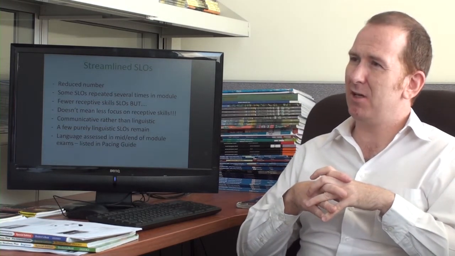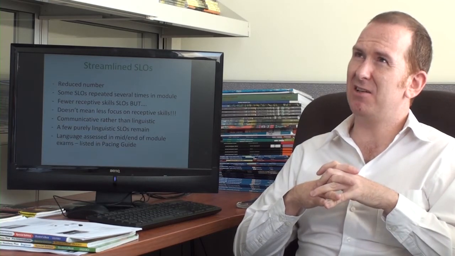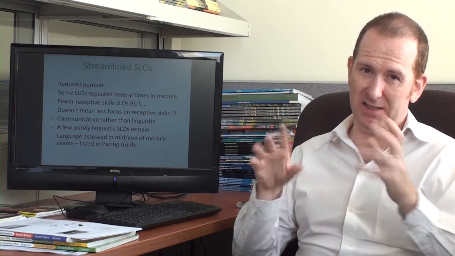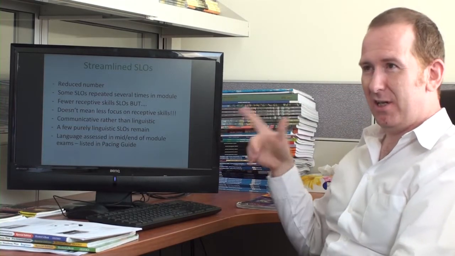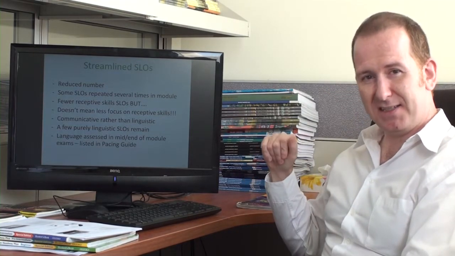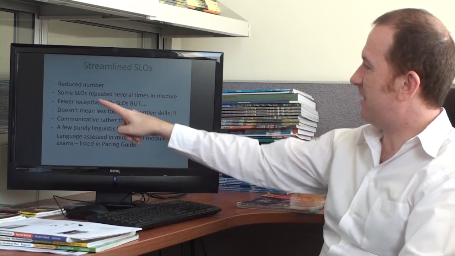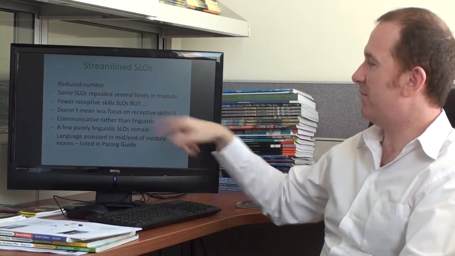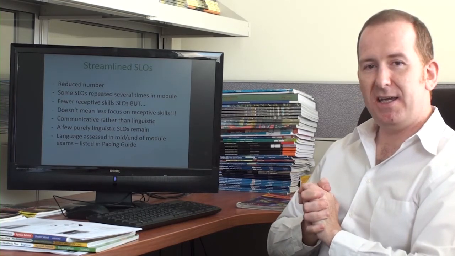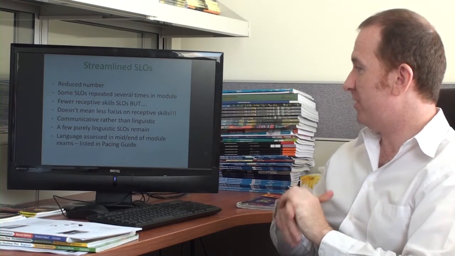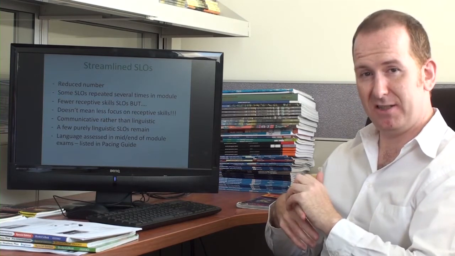Now we have between 33 and 40 per level, depending on the level. As I mentioned earlier when I showed the pacing guide, some SLOs are repeated several times in the module. I should say that there are fewer receptive skills SLOs than productive.